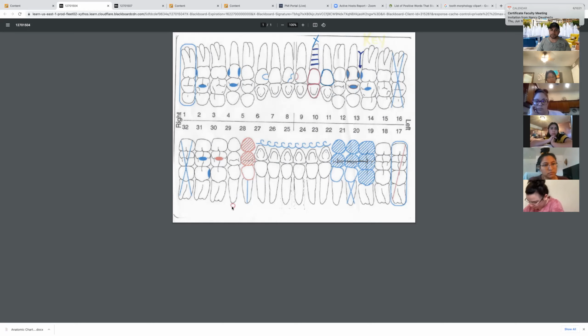So that's an infection in the bone, and the only way we get rid of that is either to remove the tooth or remove the source of infection, which is through the nerve. So this tooth here, tooth number 29, would need a root canal. And if we have the root canal, it needs a what? A crown. It needs a crown.